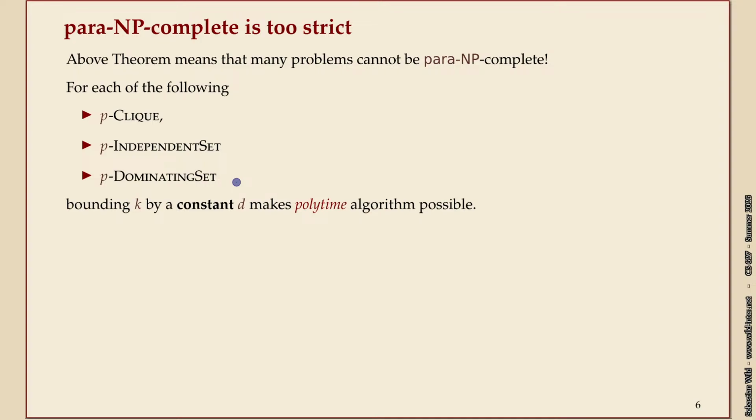That's the important distinction between FPT and what's also sometimes called XP. So the problems where if you bound the parameter by a constant, then the resulting running time is polynomial. These are much weaker guarantees than FPT. I'm not officially introducing XP, but that's these problems.